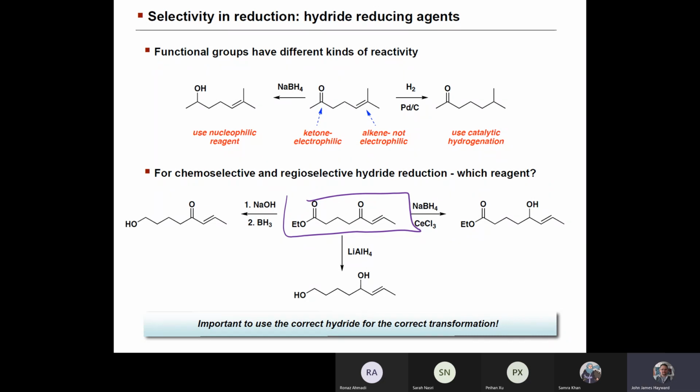Now, if you have borohydride, I think we discussed this earlier, then borohydride, NaBH4, can go conjugate or it can go direct. It's a bit of a problem. If you add cerium trichloride, however, it actually goes selectively to only give 1,2 addition.